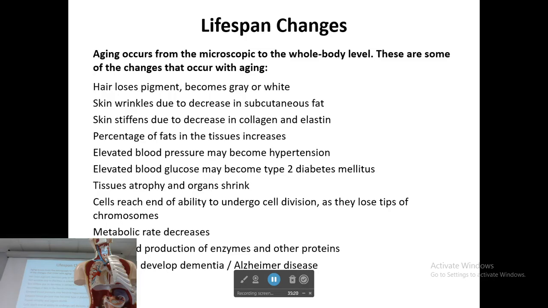The percentage of fat in the tissues tends to increase, but the fat under the skin tends to decrease. Okay, your metabolic rate decreases. So decreased production of certain hormones, of enzymes, and changes in the nervous system as well.